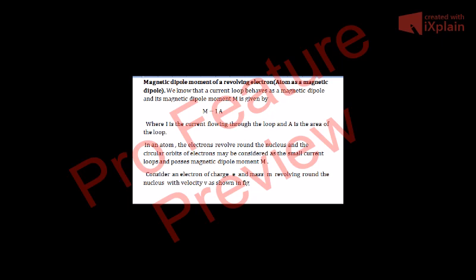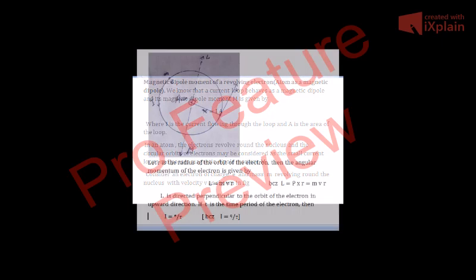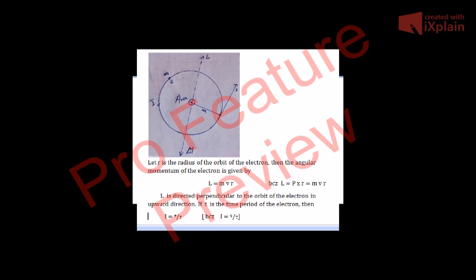Now, let us consider an electron of charge e and mass m revolving around the nucleus with velocity v as shown in the figure. As you can see from the figure, we have an electron of charge e. It is moving around the nucleus in anti-clockwise direction, as I have shown it, and it is moving with a linear velocity v, though it is moving with an angular velocity, and we know that linear velocity is equal to omega r, the relation between angular velocity and linear velocity.